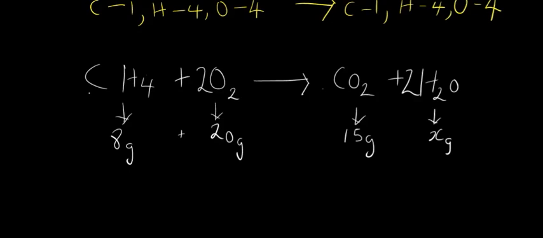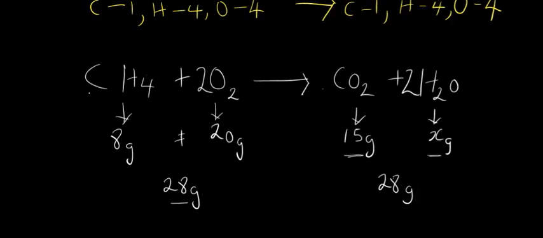So, if you say 8 plus 20, in the reactant side we have 28 grams. If we have 28 grams in the reactant side, it also means that we're supposed to have 28 grams in the product side. Now, we are told that CO2 is 15 grams.